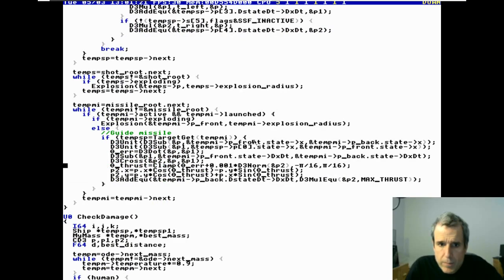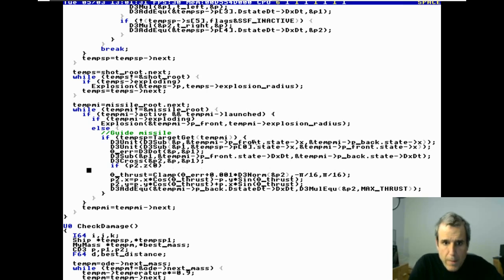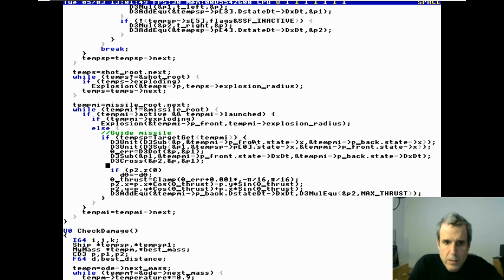So if P2 dot C less than 0, theta equals minus theta. Damn it.